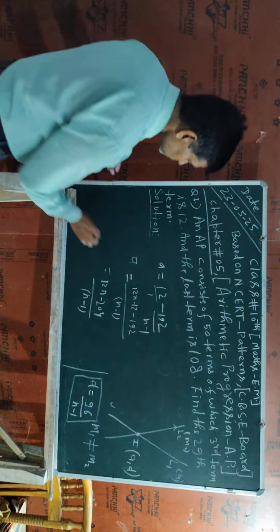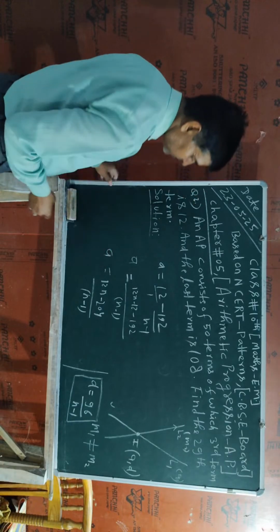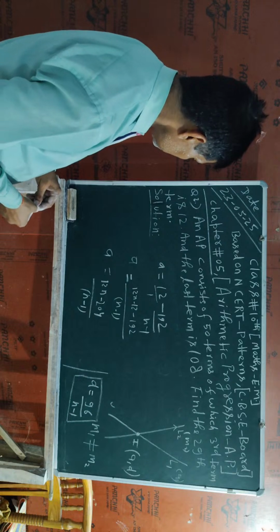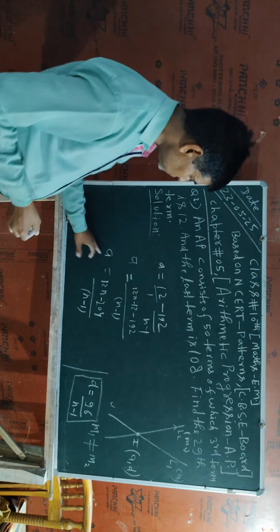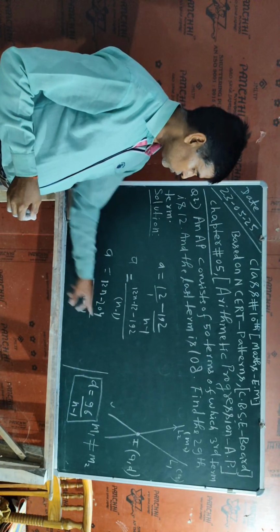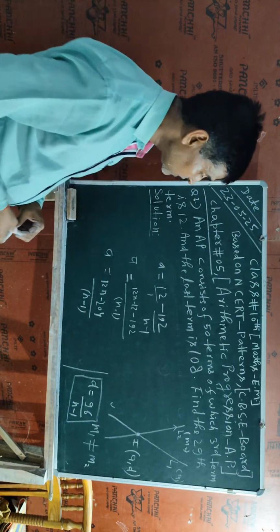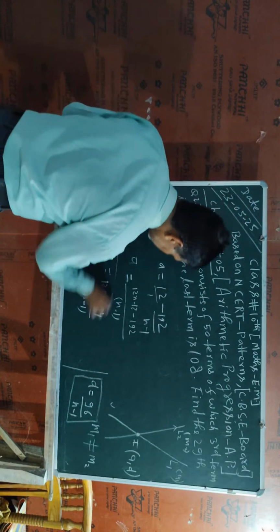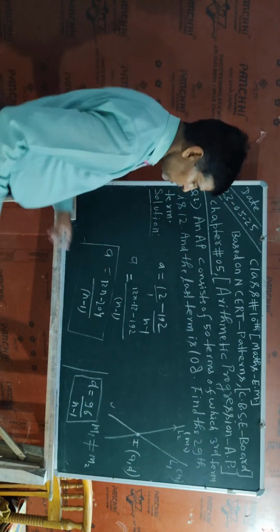Okay student, so here I will say this is the value of a. a is equal to 12n minus 204 divided by n minus 1. Okay student, now I have got the value of a and also the value of b.